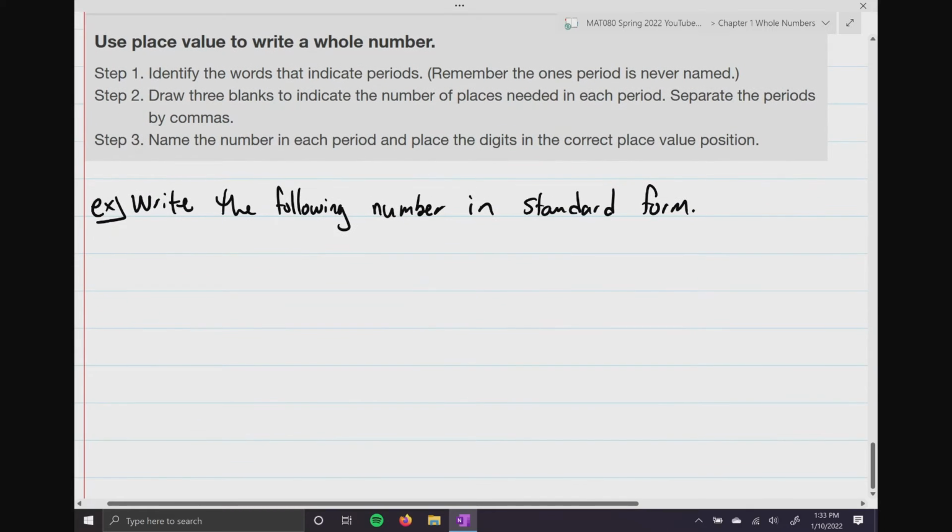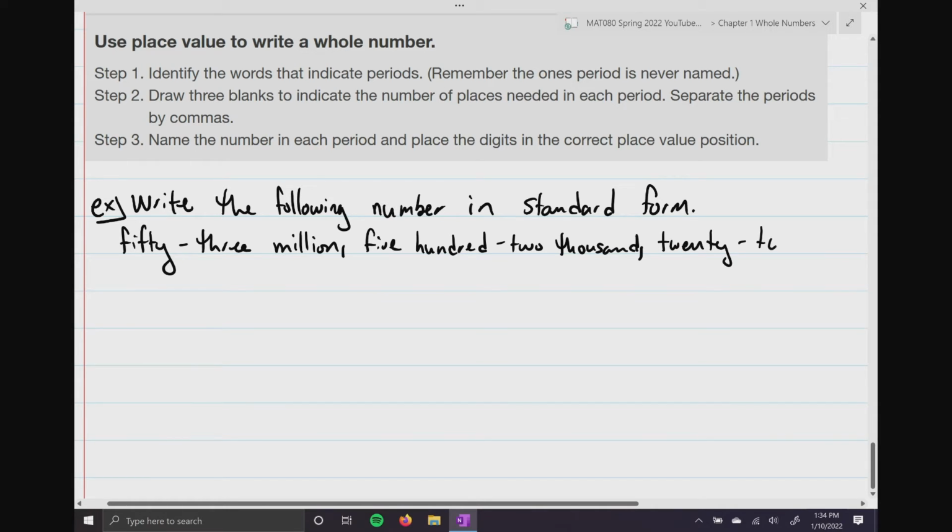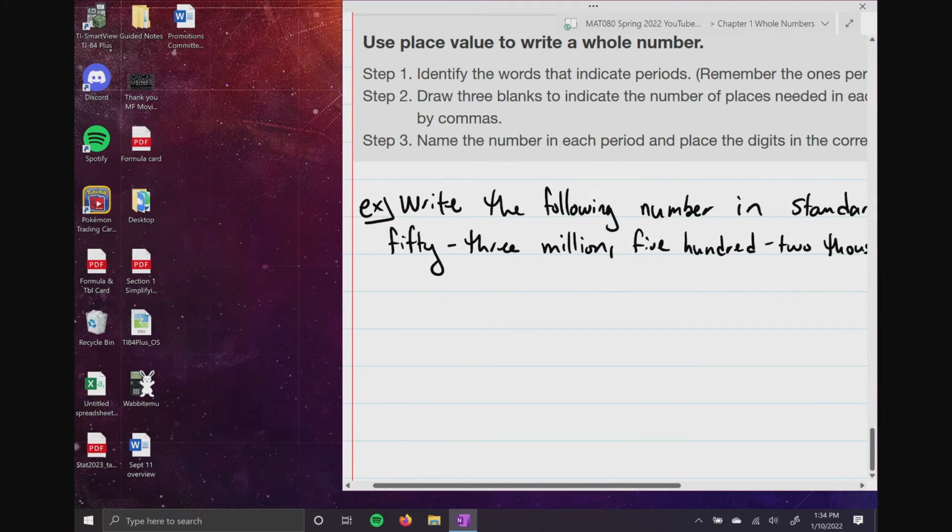So we're going to do 53 million, 502,022. Okay? All right, so let's break this down. Oh, sorry. Let me fix this real quick.